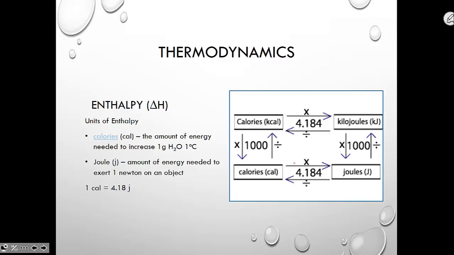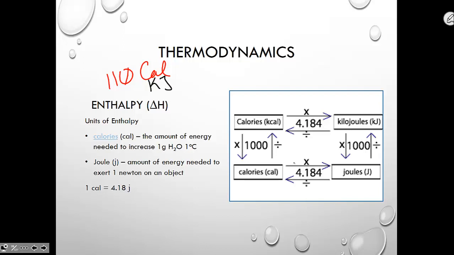Small thing to note though. On your food labels, if you're eating a bag of chips and it's 110 calories, you'll see it written as 110 capital calories. Capital calories are actually kilocalories.